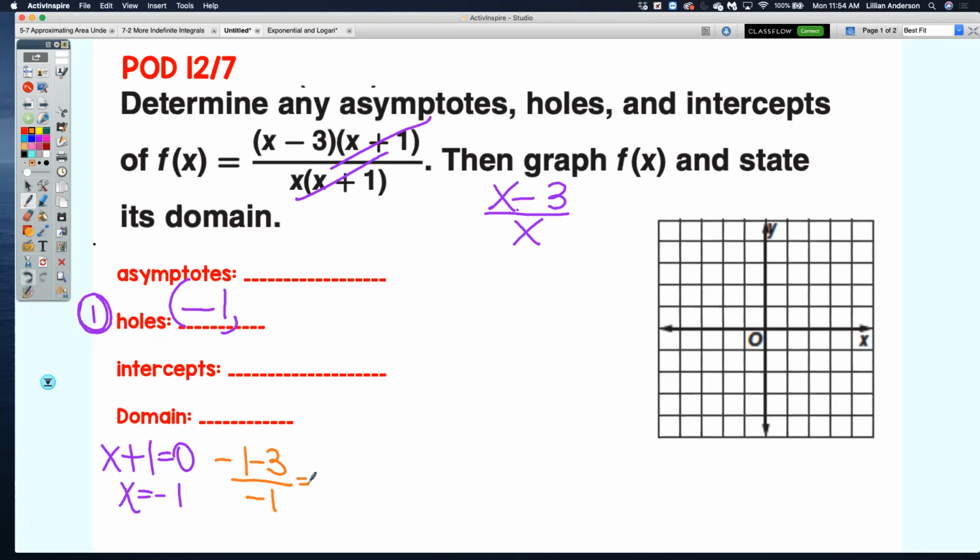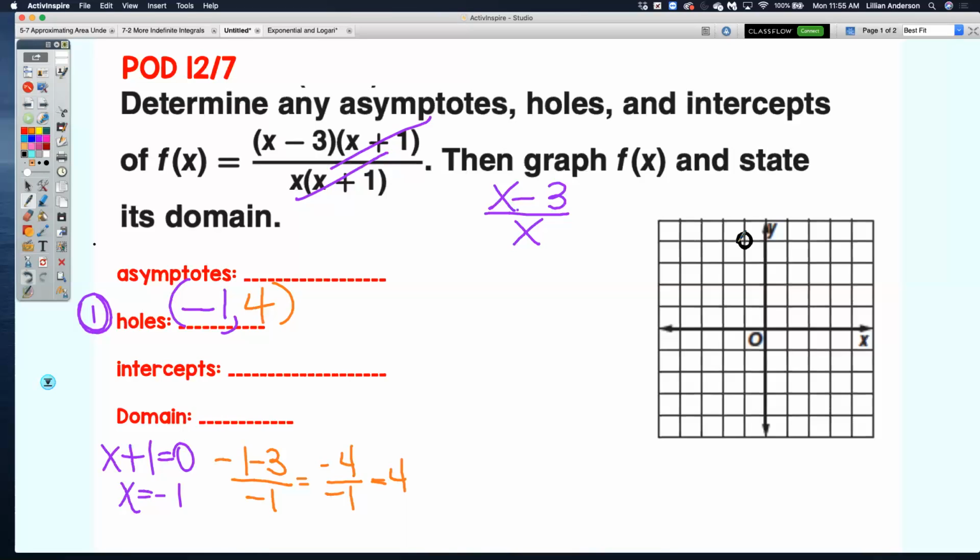So then that becomes -4 over -1, which equals 4. So our hole actually exists at -1, 4. And make sure that we draw holes with open circles. Okay, very visible, please, on your paper.